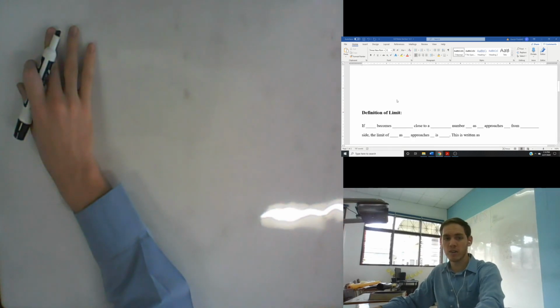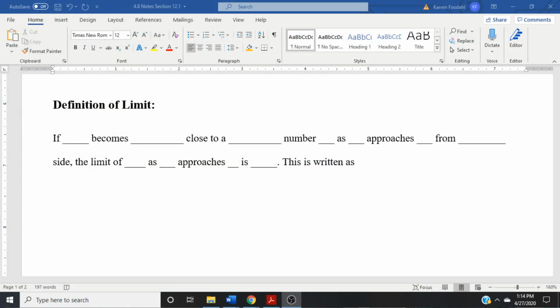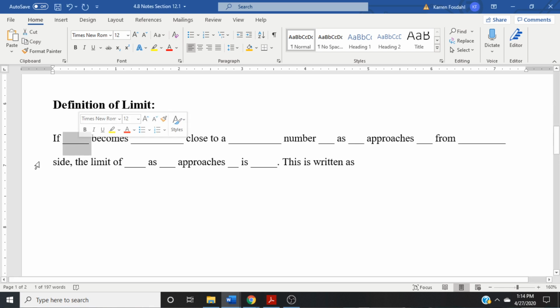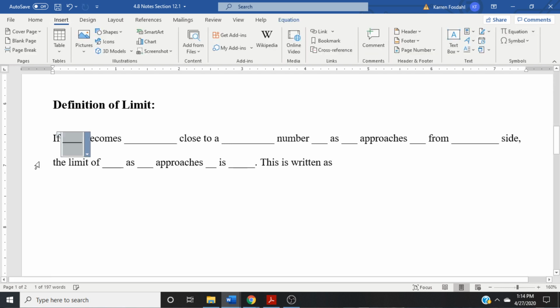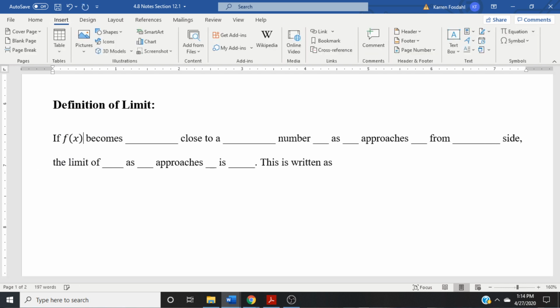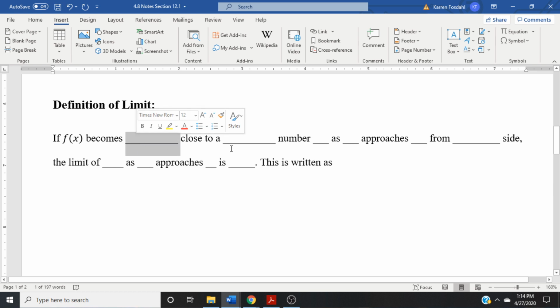Okay. Now, definition of a limit. Let's blow this up so that you see it. So, if f of x becomes, now to explain this vocabulary, this is actually mathematically exact.